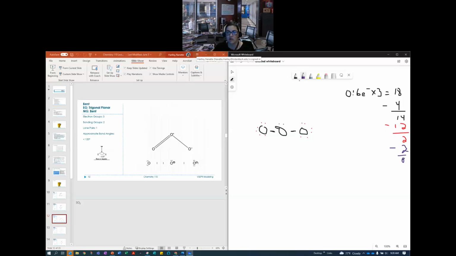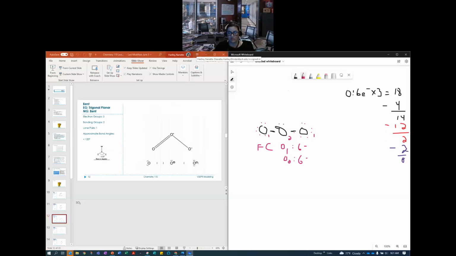Let's look at the formal charges for this particular structure. We're going to call the oxygens on the outside 1, and the oxygen on the inside 2. I know that each one should have 6, that's my number of valence electrons.